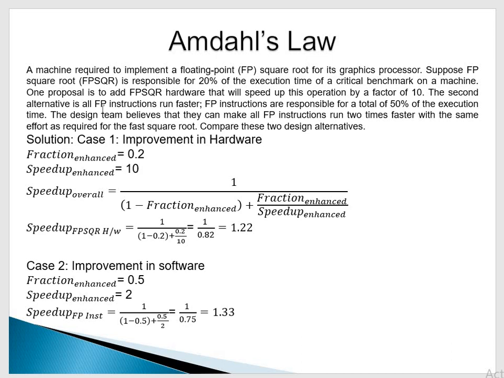That enhancement of floating point instructions will be responsible for a total of 50% of the execution time. The instructions they want to improve contribute 50% of the total execution time.